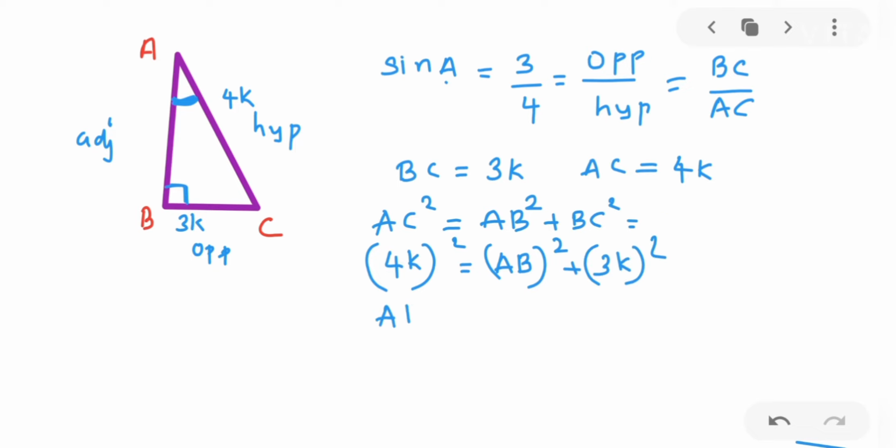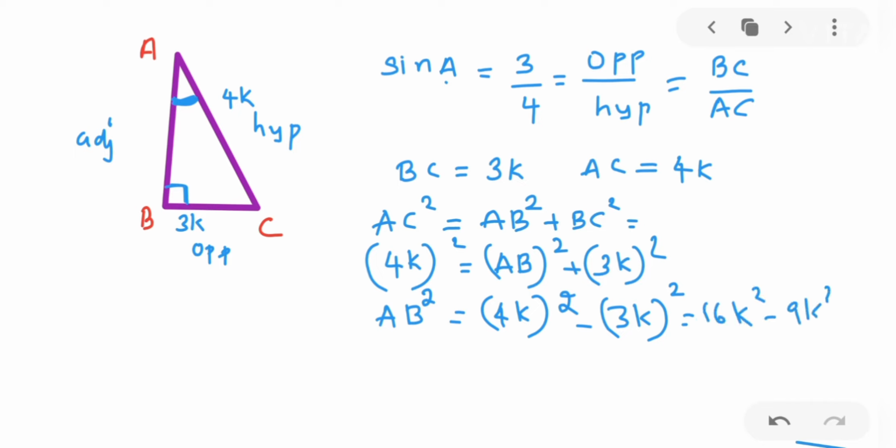So AB square is equal to 4K the whole square minus 3K the whole square, which is 16K square minus 9K square, so 25K square. AB is the square root of 25K square, which is 5K.